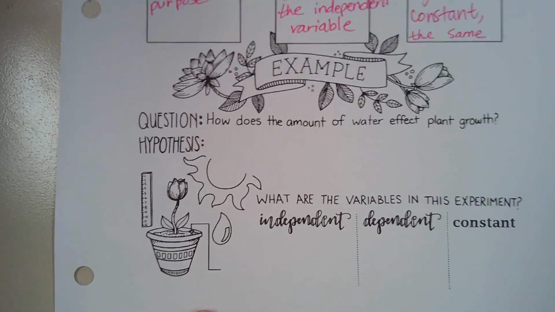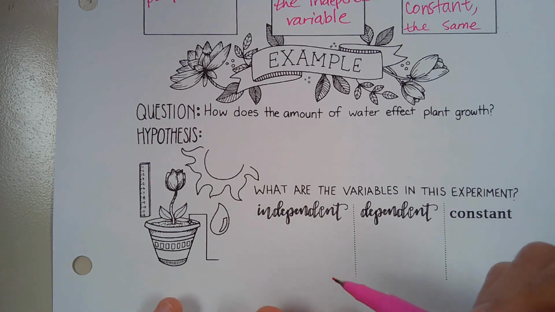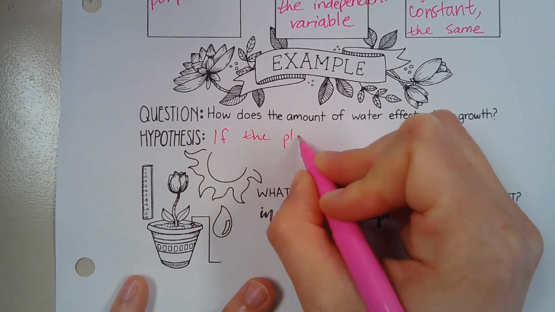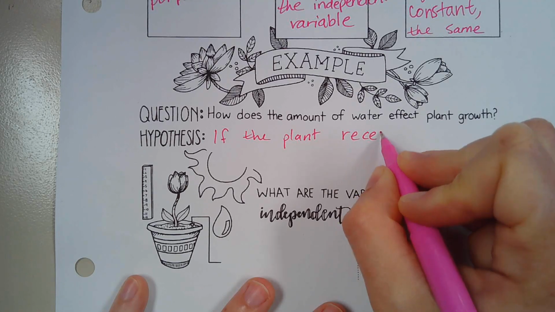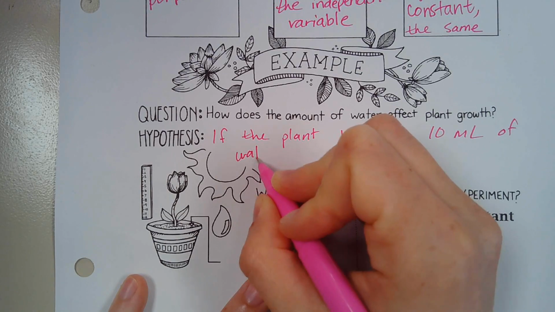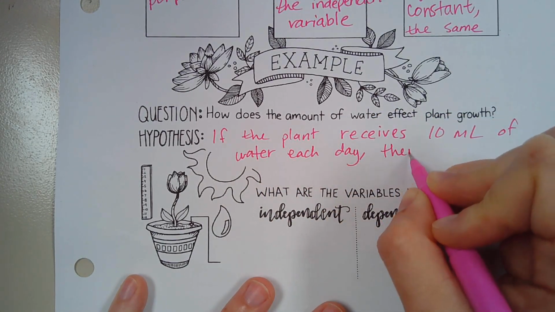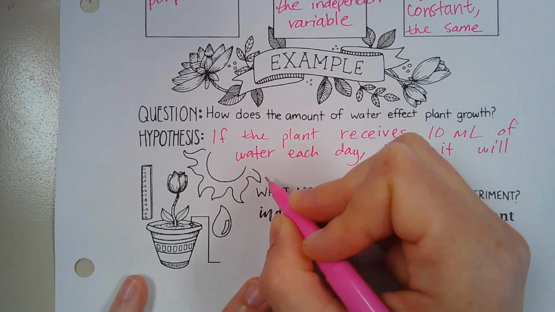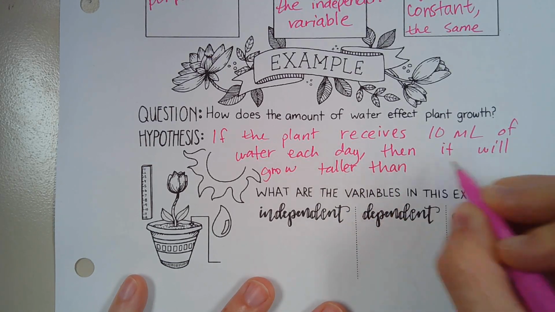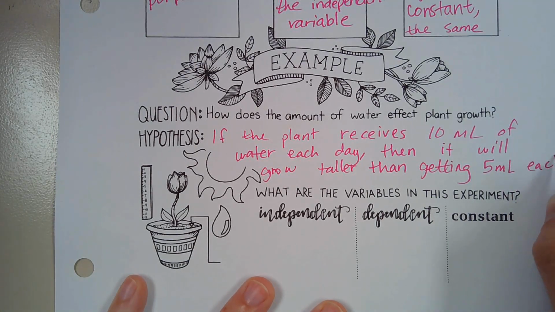Okay, so here's another example. Here the question is, how does the amount of water affect plant growth? So a hypothesis could be, if the plant receives 10 milliliters of water each day, then it will grow taller than one that receives less water each day.